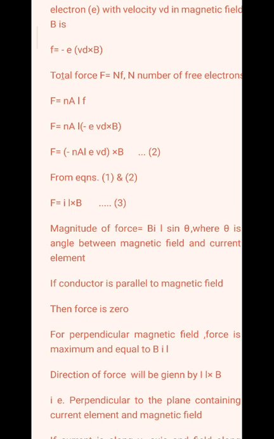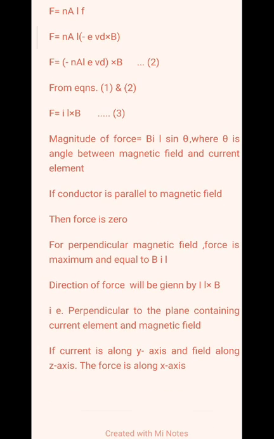When a current-carrying conductor is put along the direction of the magnetic field, it experiences no force. And if the conductor is perpendicular to the magnetic field, then theta is 90 degrees, so it will experience maximum force. So if you want maximum force, we have to put the conductor perpendicular to the magnetic field.